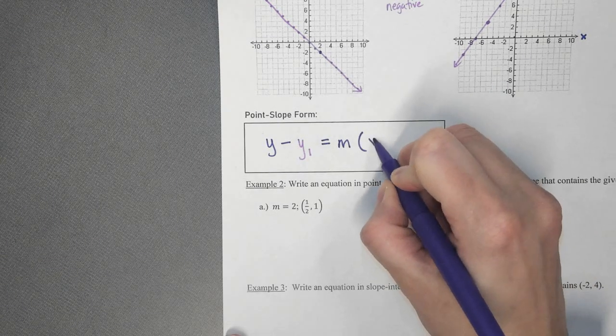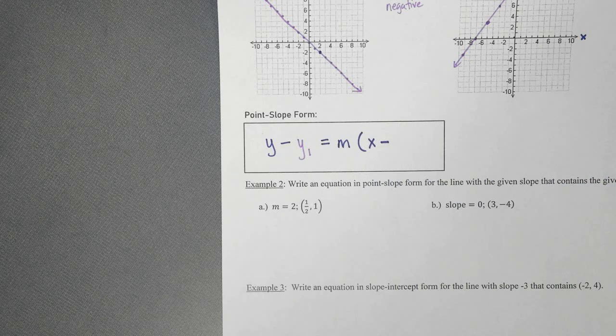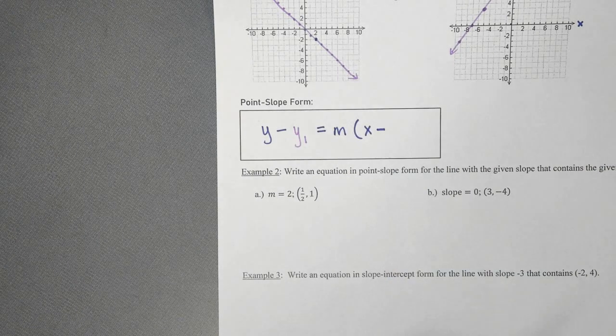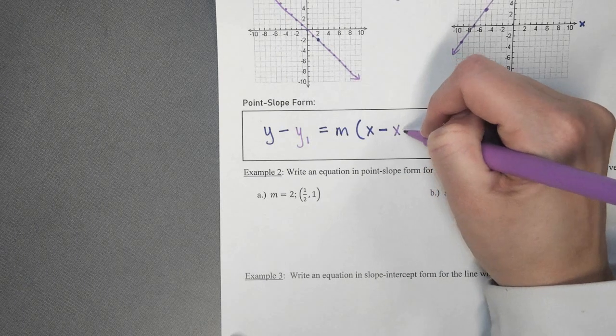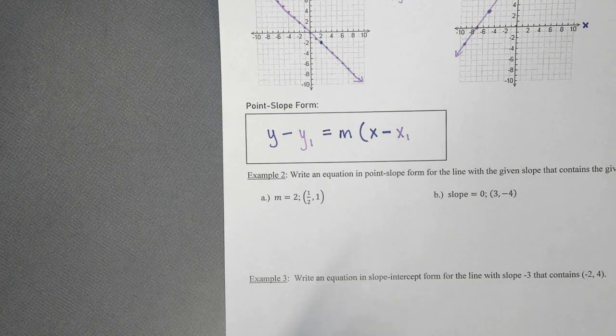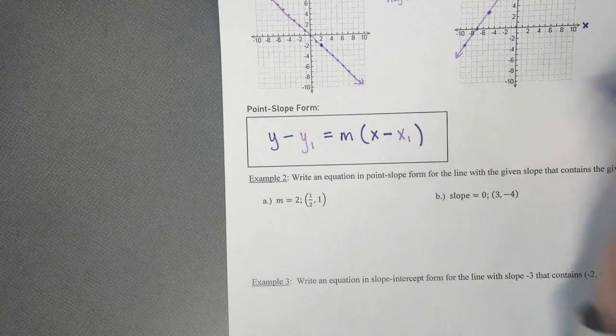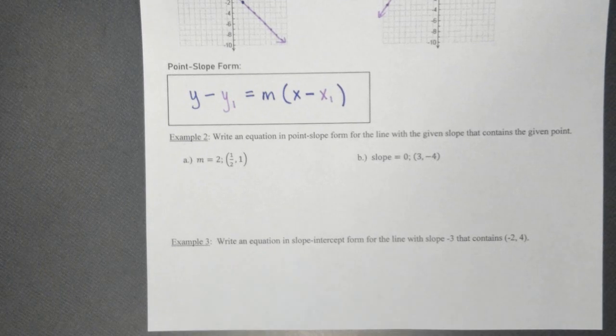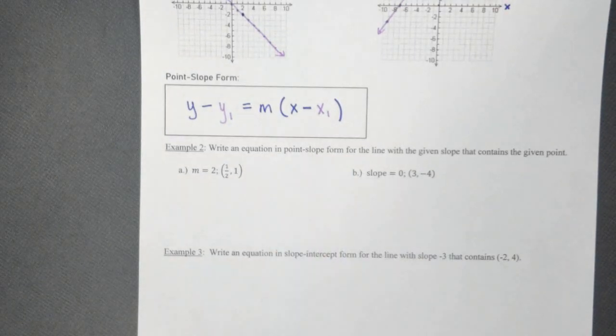And then in parentheses, we have x minus x1. Okay, and remember, we've seen x1 and y1 before. We've labeled x1 and y1 when we were finding the slope. We had x1, y1, and x2, y2. For this, all you need are two things.